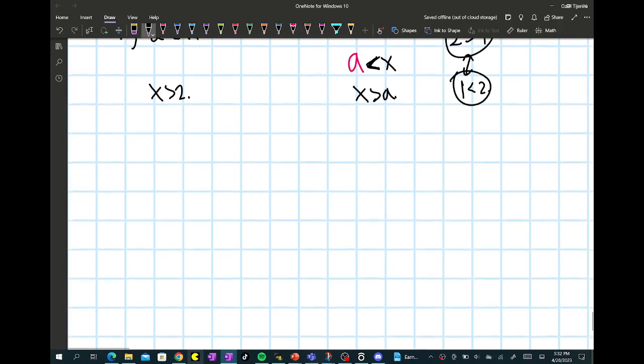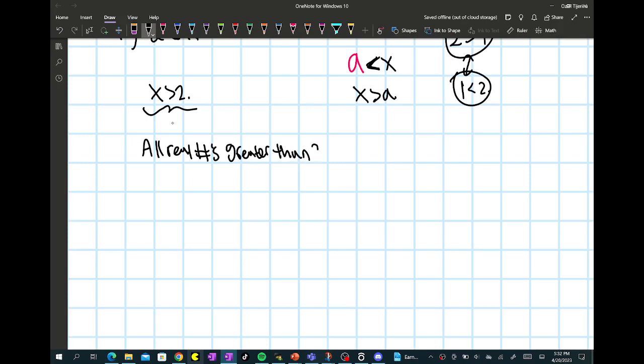And then I'm going to define what this means. So basically I want all real numbers greater than 2, right?